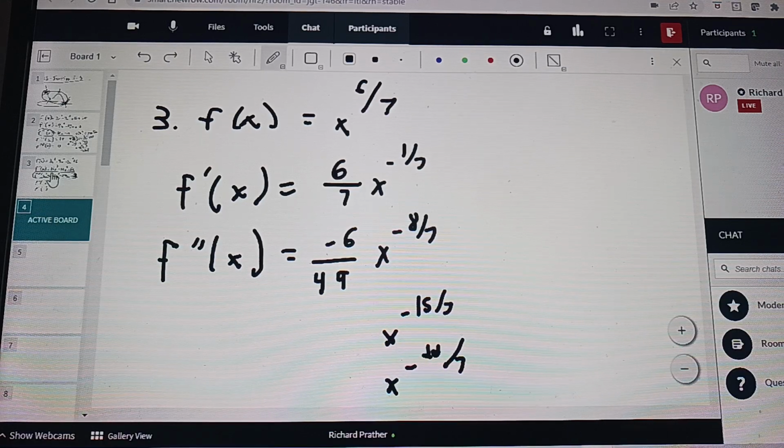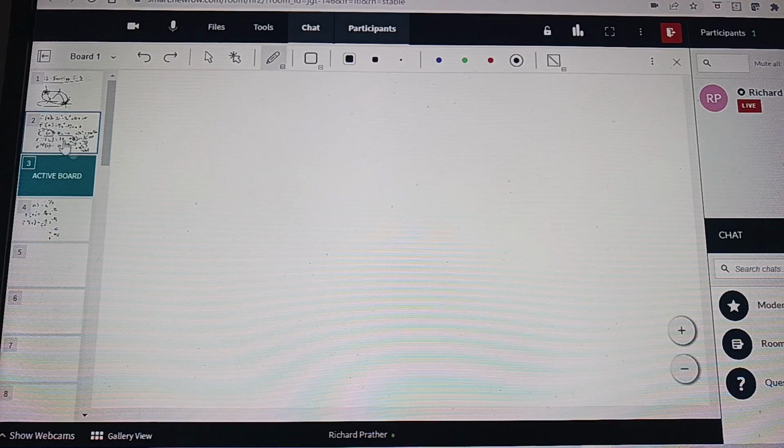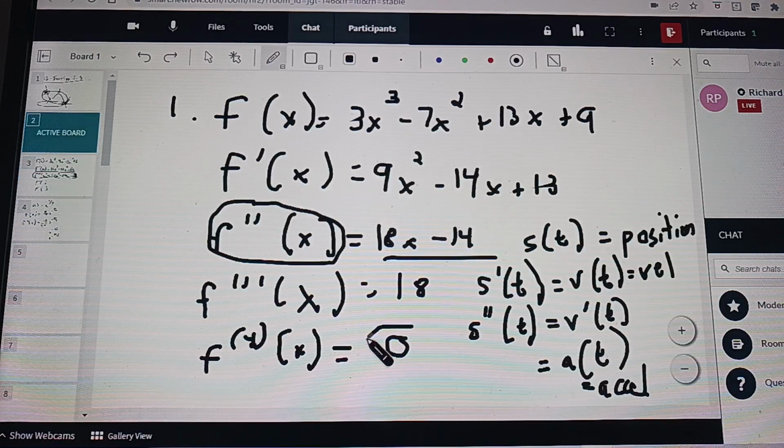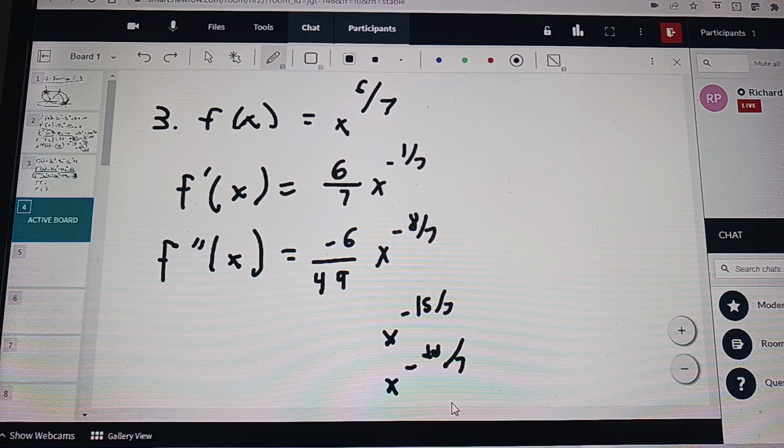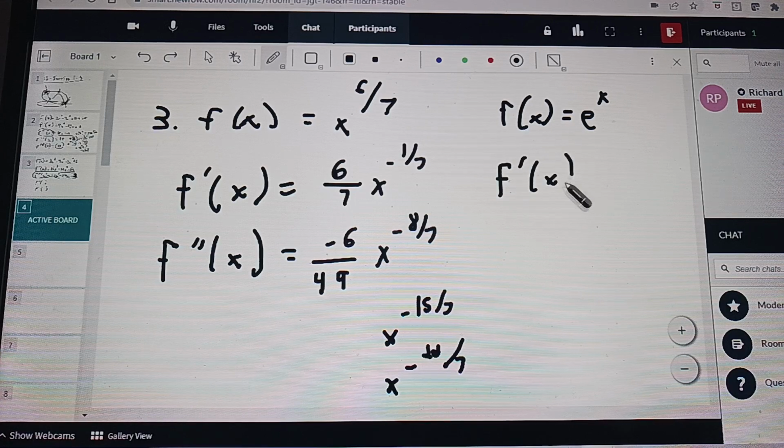So in some derivatives, if you do enough higher levels of them, sometimes you hit 0, and then every one after that is going to be 0. But sometimes you get a different answer forever every time you do a higher power. Or if you say your original function was e to the x, if you remember that one back in chapter 4, the derivative of e to the x is itself, and then technically times the ln of e and times 1, but those don't matter.